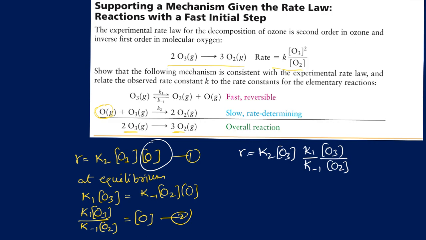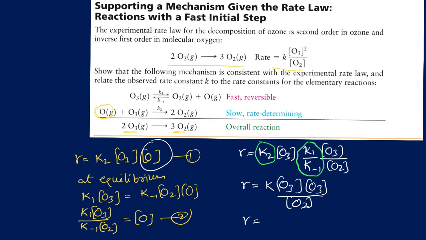Now I am taking this constant and this constant, constant into constant. R is equal to K, the overall rate constant, and O3 and this O3, denominator O2 concentration.